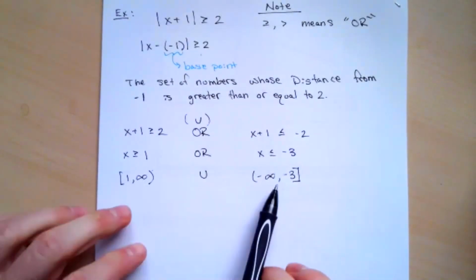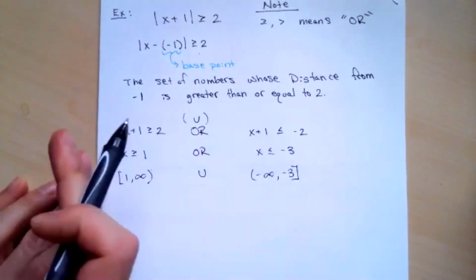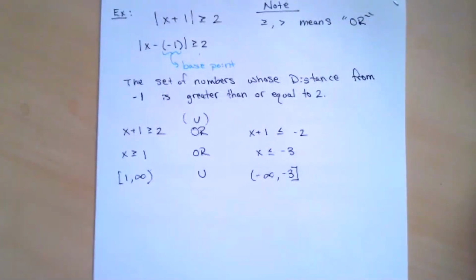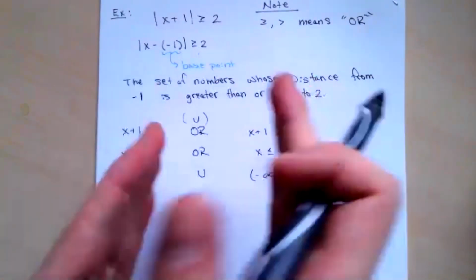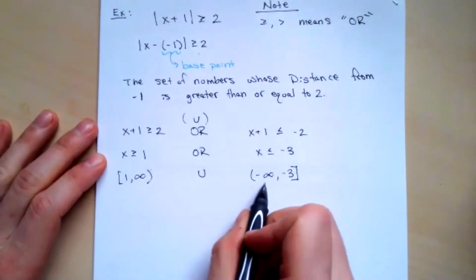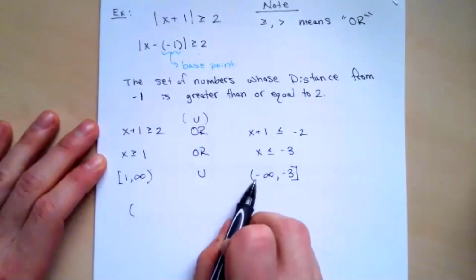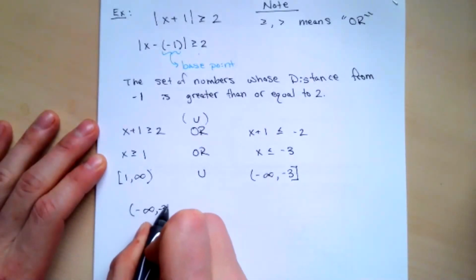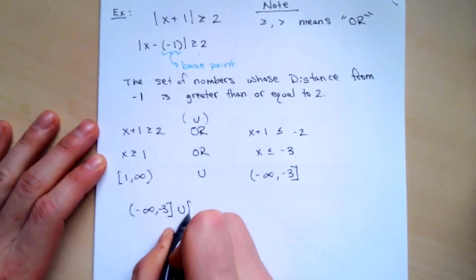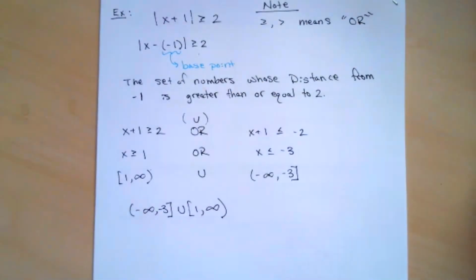And we just got to be careful. We want to write them in order, right? So these are the negative numbers. That should go on the left. Just by the way we wrote the equations and how it ended up solving, the order of those doesn't matter. But when you write your final solution, you want to write it as an increasing number line. So our solution goes from minus infinity up to -3, and then union 1 to infinity is our solution.